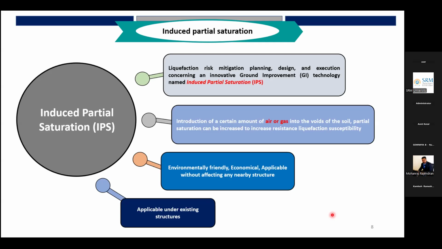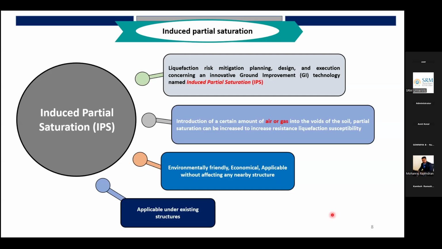If you talk about soil below the water table, groundwater table, it's always subject to 100% saturation. So by reducing the water content in the soil, we are bringing the soil from fully saturated to partially saturated soil. That is the concept of induced partial saturation.